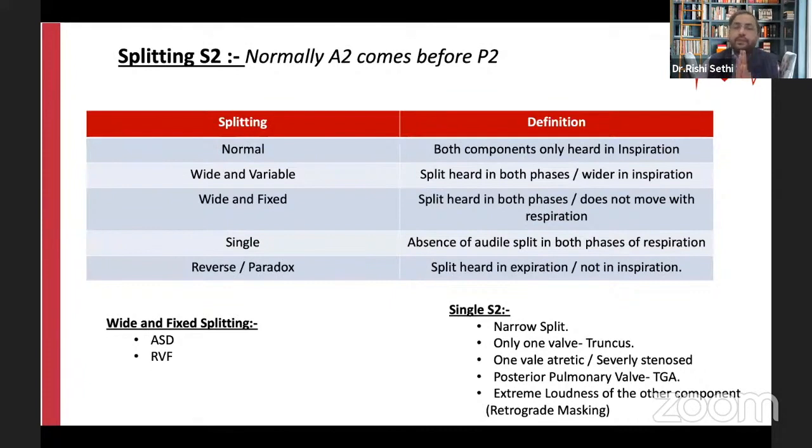And sometimes extreme loudness of one component, A2 or P2, gives rise to a single S2, because one component is extremely loud. Sometimes in pulmonary arterial hypertension, the P2 becomes so loud that you cannot hear A2, and that is called retrograde masking. And this may also be one of the causes of single S2.